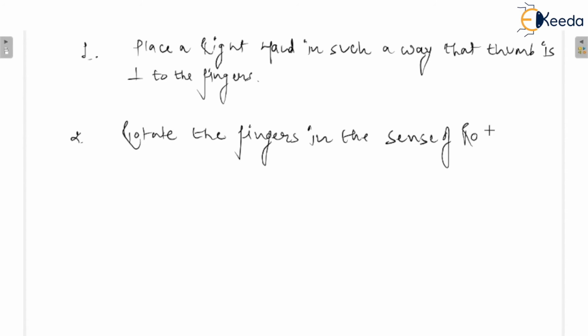We'll do the numerical questions, then I will let you know how to decide the direction. So rotate the fingers in the sense of rotation. Then whatever be the direction of the thumb, that will be the direction of angular velocity.